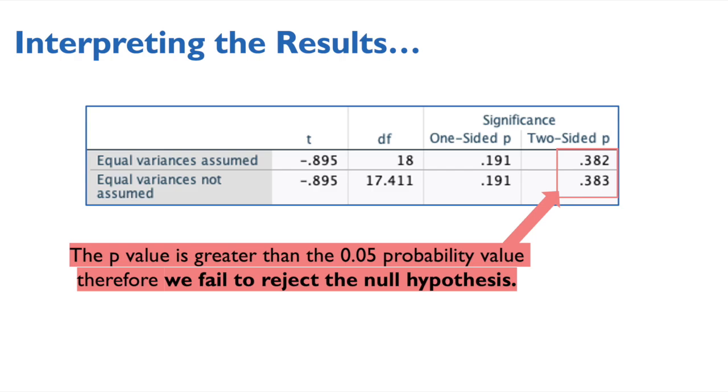When we look at this number, we want to compare it to the probability value. This 0.382 value is greater than the 0.05 probability value, and this means that we fail to reject the null hypothesis. We're going to go back and look at our hypotheses and talk about what this actually means.